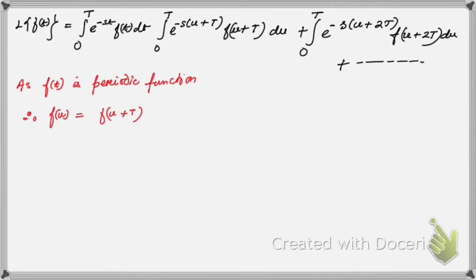So that is why f of u will be equal to f of u plus T, where T is the period, and then again f of u plus 2 capital T also gives you the same value, and so on, right?